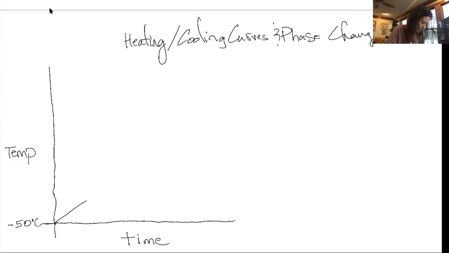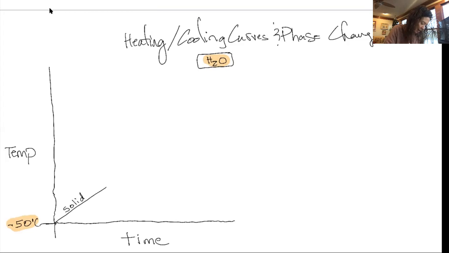If this was for H2O, at negative 50 degrees, water is a solid. So think about it like this. I've got my solid, and I am adding heat.